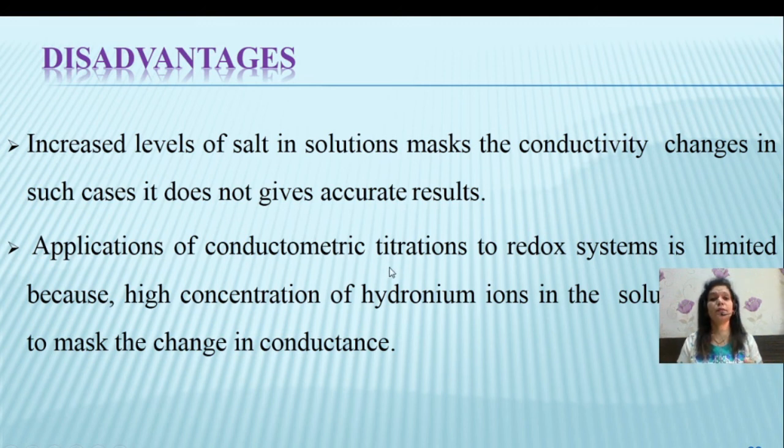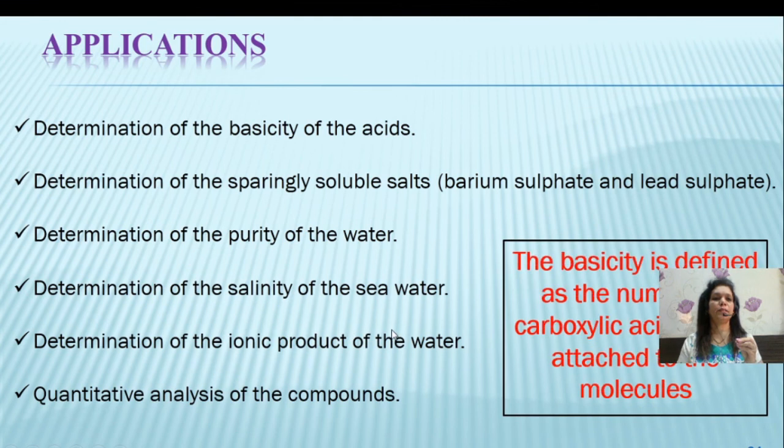Application of conductometric titration to redox systems is limited because a high concentration of hydronium ion in solution tends to mask the change in conductance. Applications. I can carry out conductometric titration for determination of basicity of an acid.